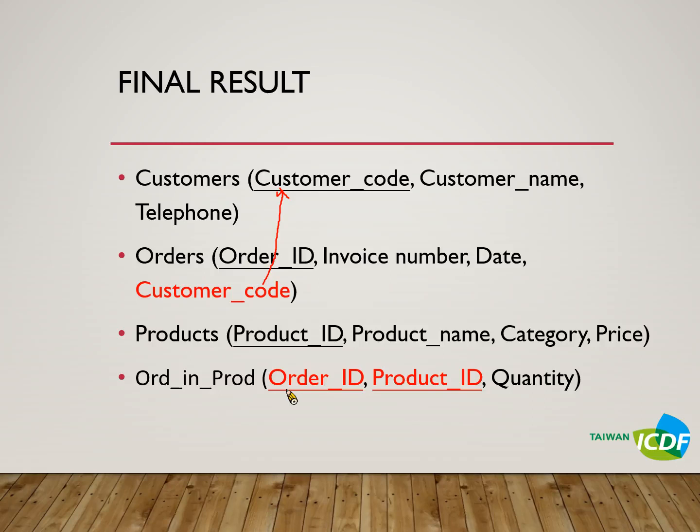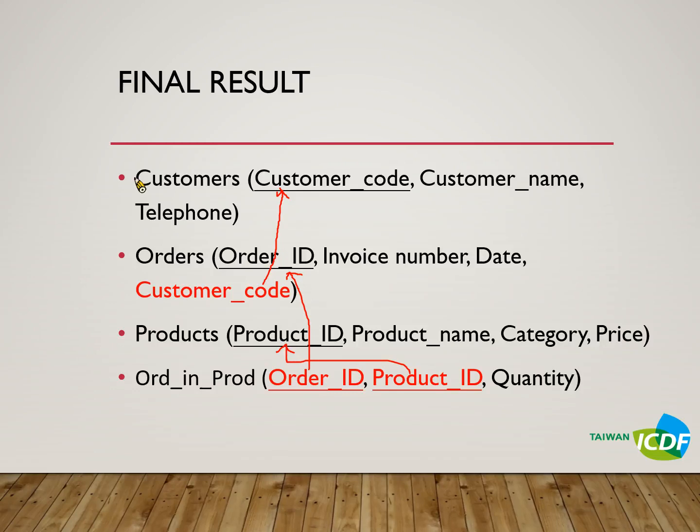One foreign key is order ID, which references the primary key of the orders table, whereas the other foreign key is product ID, which references the primary key of the products table. With the addition of foreign keys, we can expand the search scope to obtain more order or product relevant information respectively.